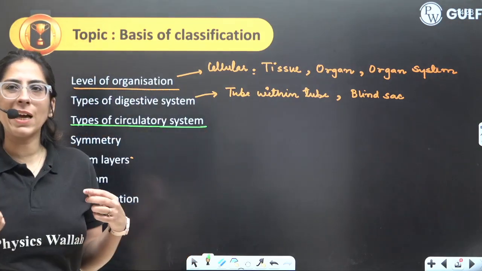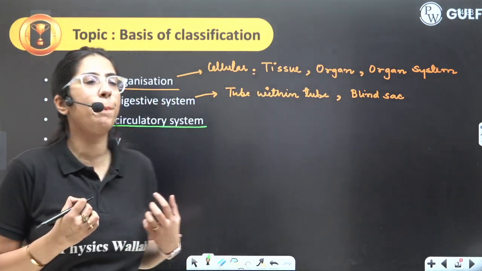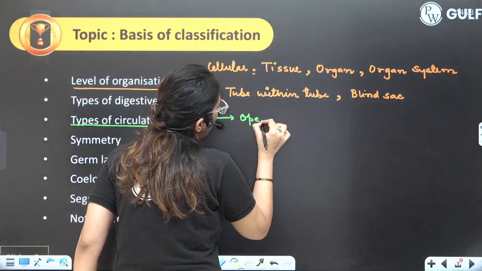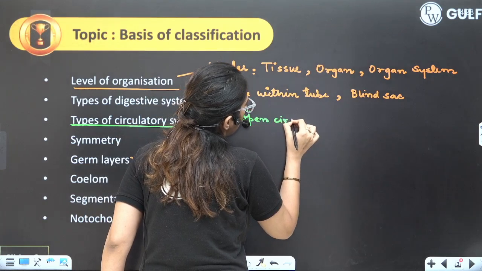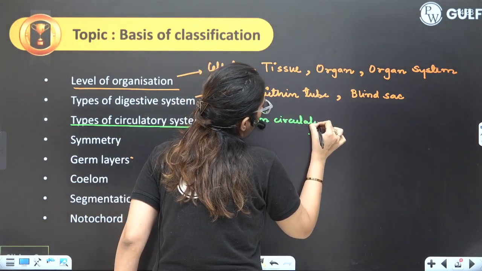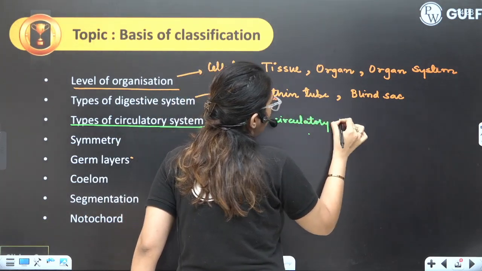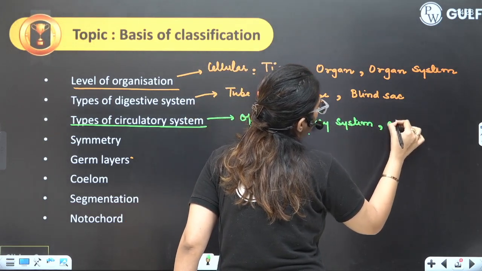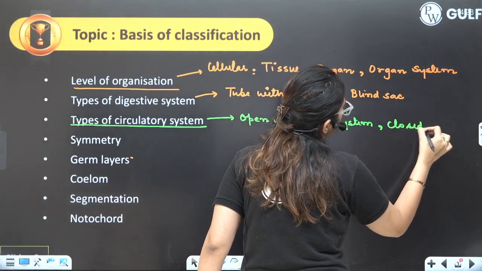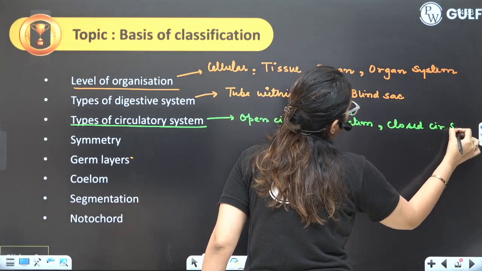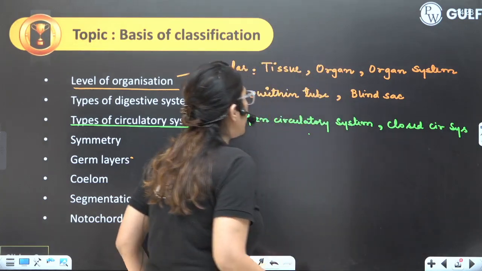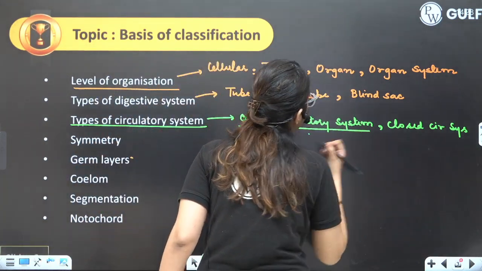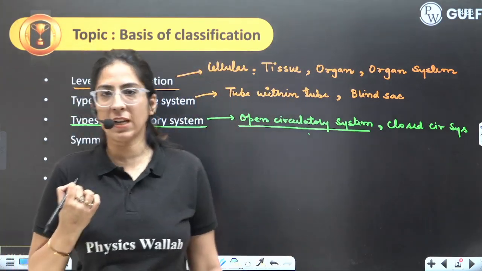Moving on to the next, types of circulatory system. Some organisms have an open circulatory system, and some have the closed circulatory system. Open circulatory systems are those where the blood flows in open spaces or sinuses, where capillaries are absent.